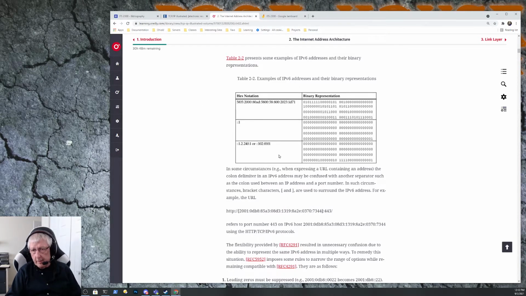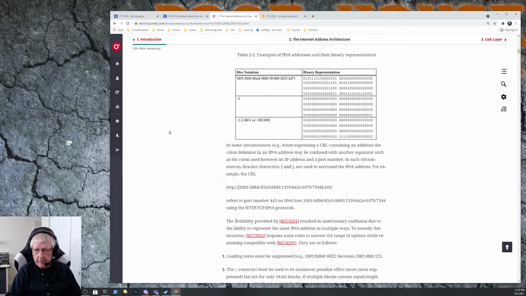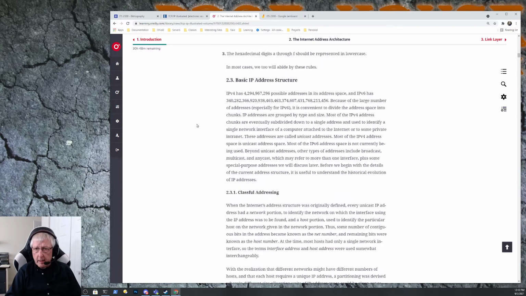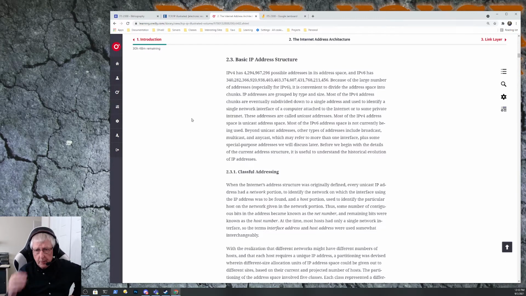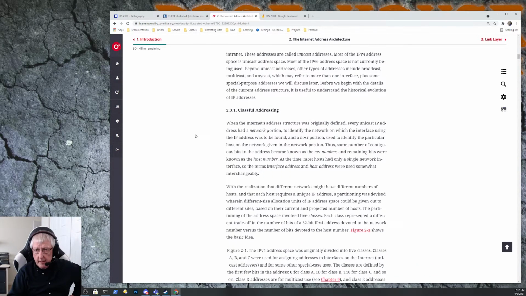So you get the comparison between the hexadecimal, especially in that first row, and the binary representation. Now, here's where it gets a little tricky in section 2.3. I mentioned this briefly in class. Skim over this classful addressing business, but understand that it's completely history.